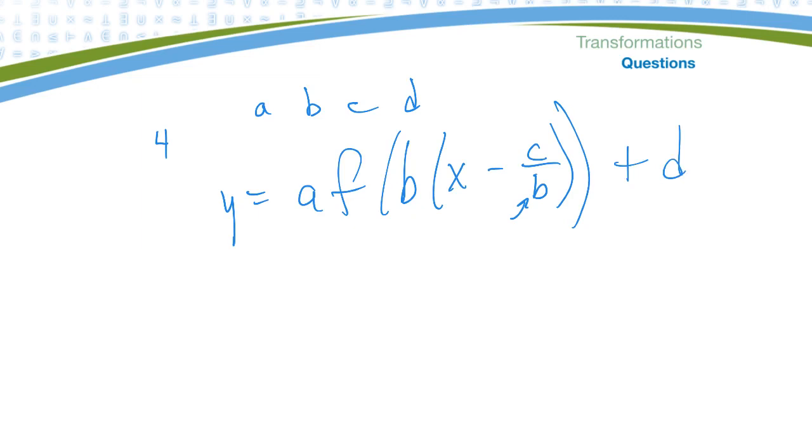So A does vertical stretching or shrinking and also reflects it over the x-axis. B does horizontal stretch or squish, and it also reflects things over the y-axis. The C value moves it left or right depending on what the sign is, and the D value moves things up or down depending on what the sign is.